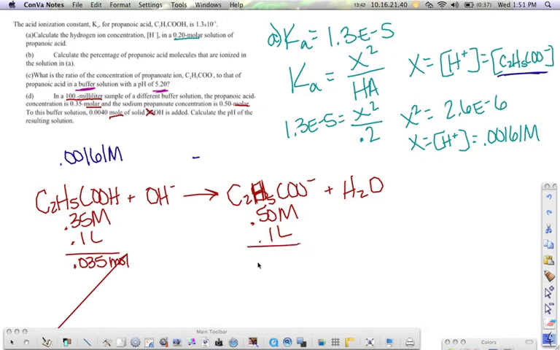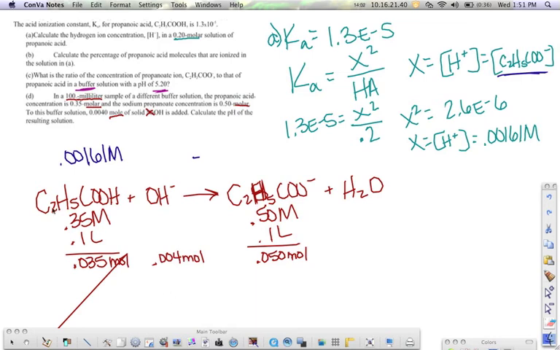And this works out to 0.050 moles. Well, the hydroxide, we have 0.004 moles. So since everything is a 1-to-1 mole ratio, and this is what we have the smallest amount of, the hydroxide is going to be our limiting reactant.